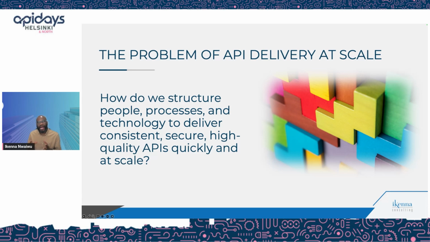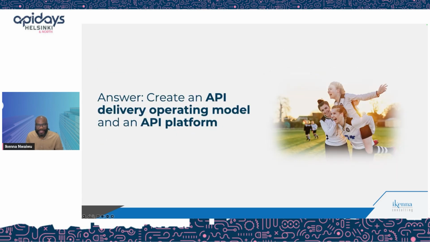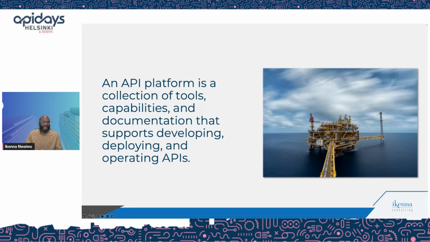How do we make sure we have all the right things in place? And my answer to that is at scale. If you're building a platform with platform APIs, then you need an API platform team to help do that. But you also need an API delivery operating model, some sort of conceptual framework on how all these things come together.